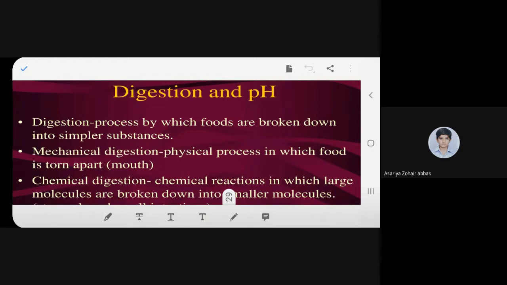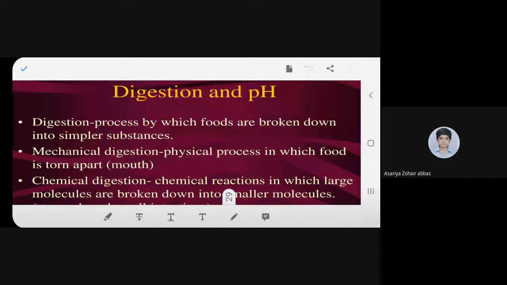Saliva breaks down the complex food into simple substances, and it is made soft so that it can go inside our throat.